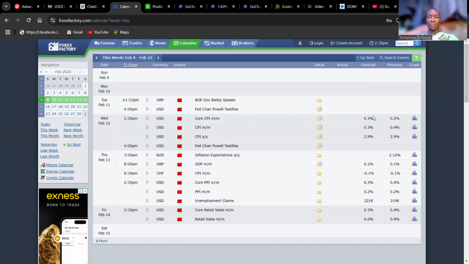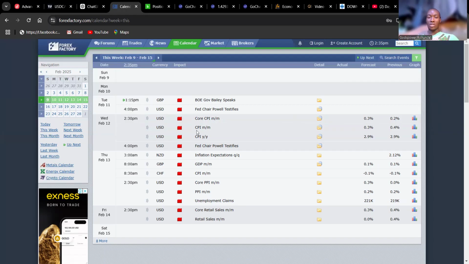The forecast is 0.3%, which simply means they're expecting USD to become stronger. If the USD news comes out and maintains 0.3%, USD would buy while GBP would sell.